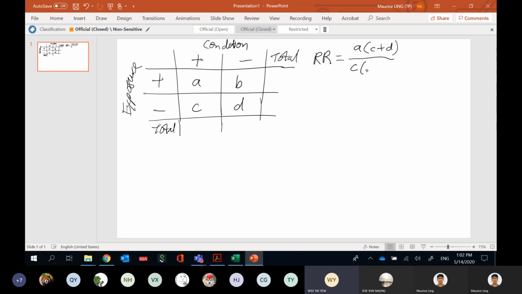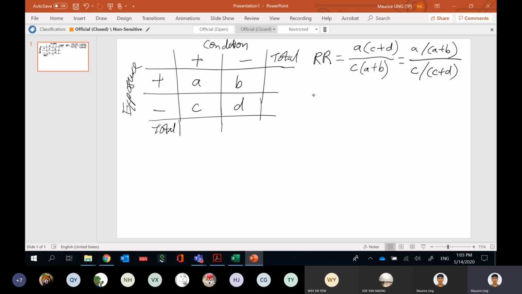But I always find this way of writing to be a little bit tricky. I tend to prefer to write it this way: A divided by A plus B, over C divided by C plus D. So it's actually the ratio of the positive and the ratio of the negative, although when you swap it out, it's the same.